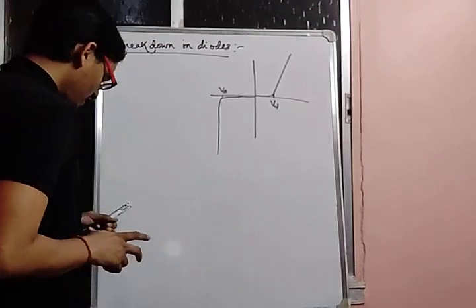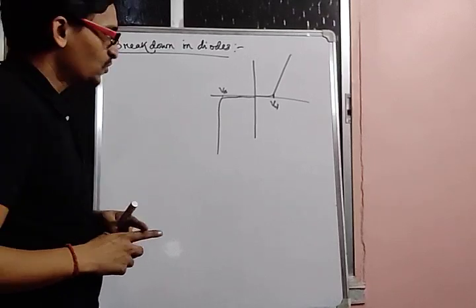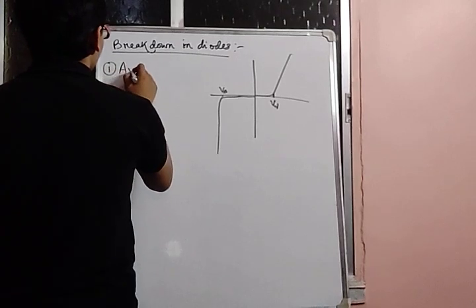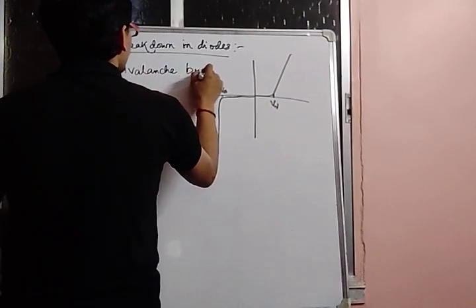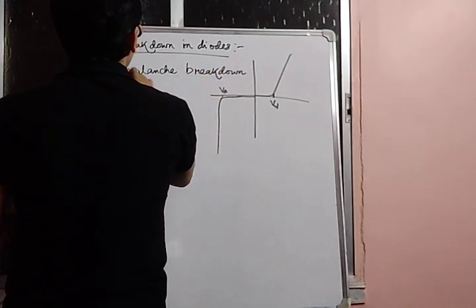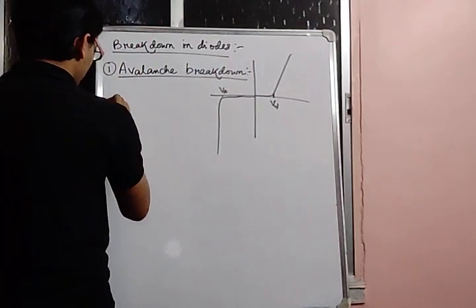Now in case of a diode, there are two mechanisms by which breakdown takes place. What are those two mechanisms? The first one is the avalanche breakdown, and the second one is the Zener breakdown.